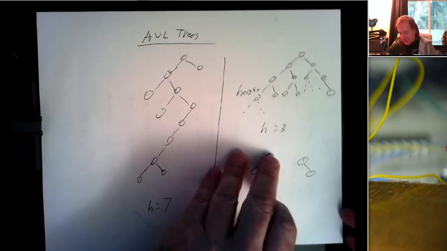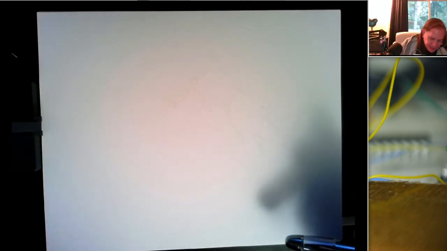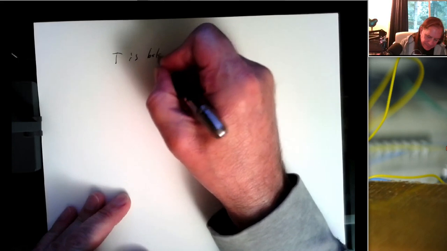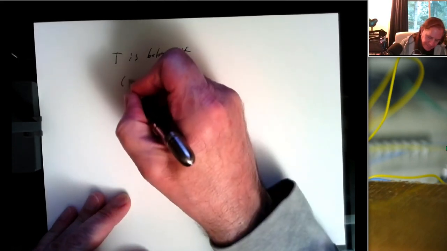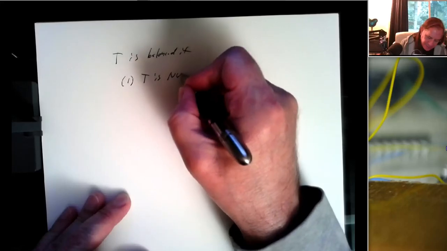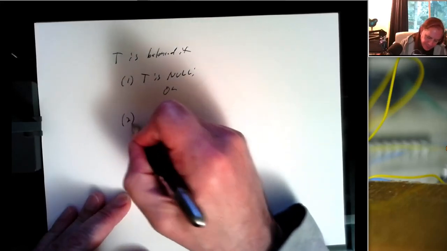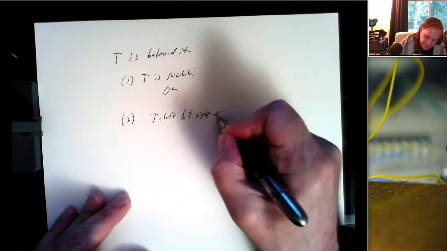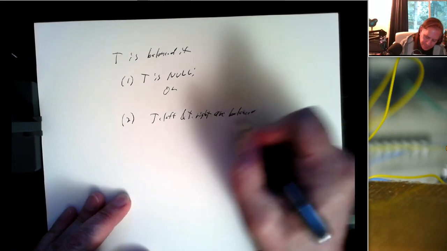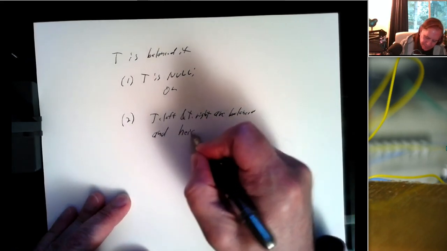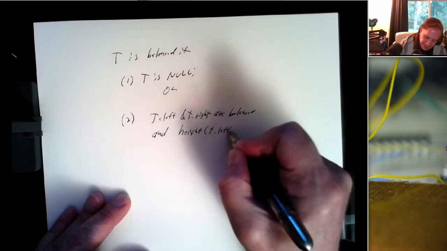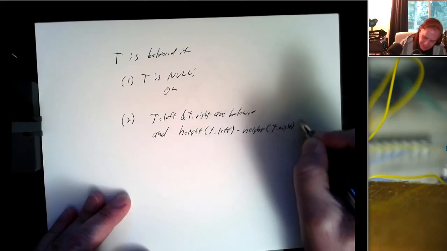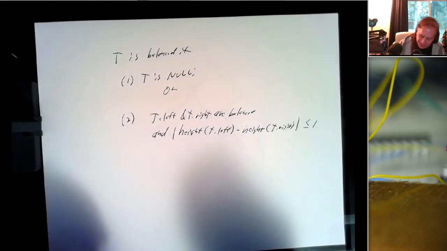So let's remember our definition of a balanced tree. T is balanced if T is null, or T left and T right are balanced, and the height of the left subtree minus the height of the right subtree has an absolute value less than or equal to 1.